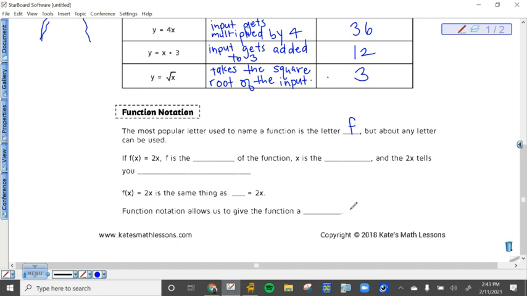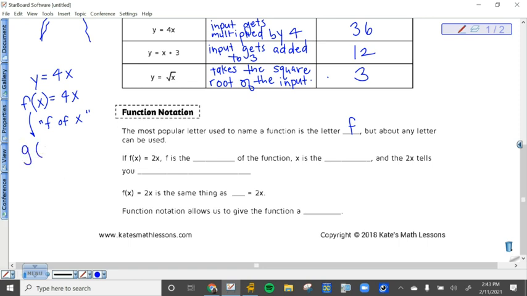But any letter could be used instead. So we write our functions, instead of writing y equals whatever, 4x, we're instead going to write this. And the way we read this, we say f of x. That's how we say it, f of x.